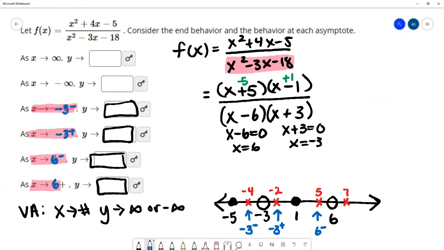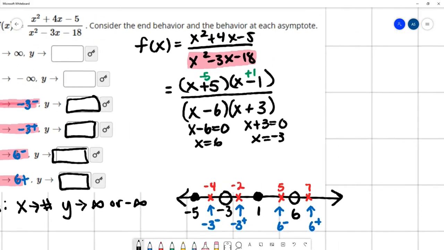And 6 plus, this test point will help us with this one. Now we substitute these test points into the original function, and if the y comes out positive, our asymptote is going to go to positive infinity, and if it comes out negative, it's going to go to negative infinity.